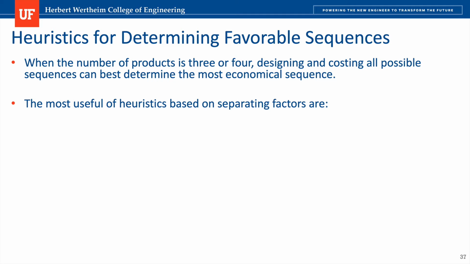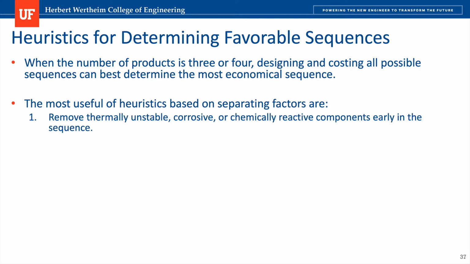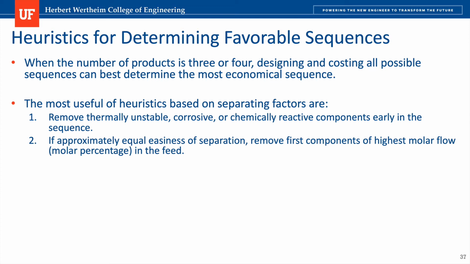So the most useful heuristics that you can use based on the concept of separating factor are: remove thermally unstable, corrosive, or chemically reactive components early in the sequence. Remember, these heuristics can help you to document and provide reasons on why you're doing a specific separation before the other. The second heuristic is approximately equal easiness of separation.